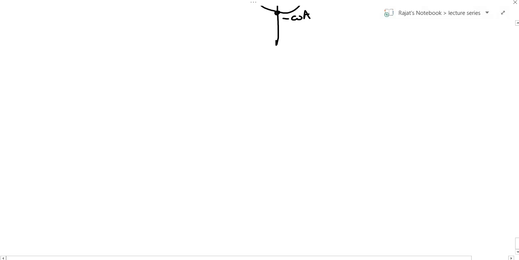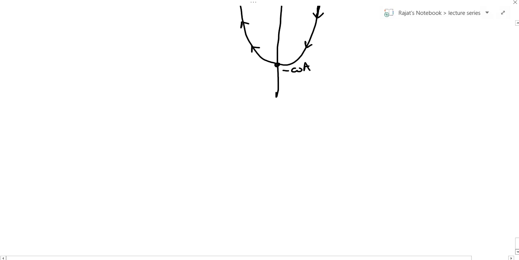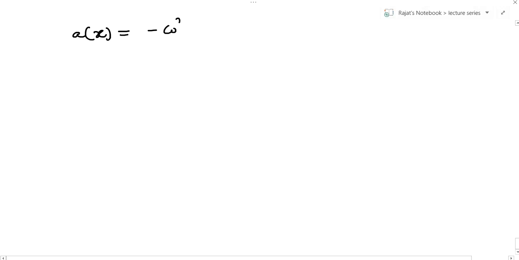Next is acceleration. So acceleration as a function of x is minus omega square x. This is nothing but a straight line whose slope is negative. Omega square is a positive number and minus omega square is a negative number.